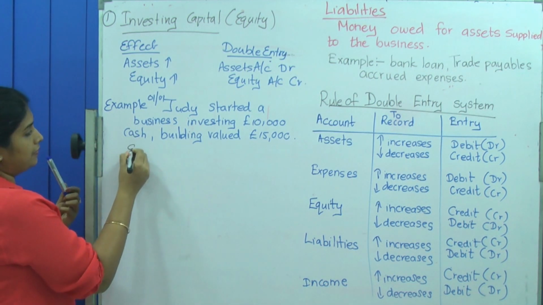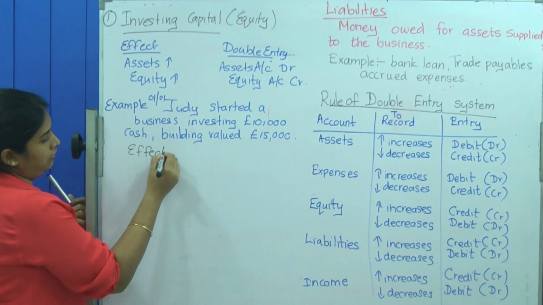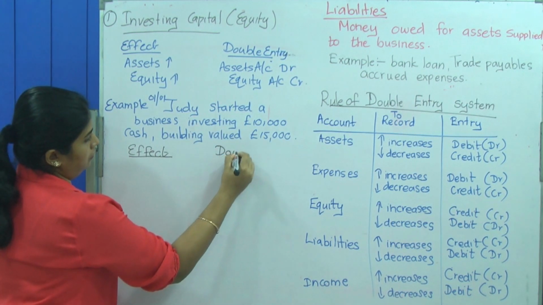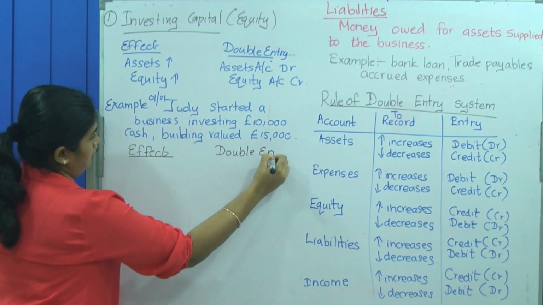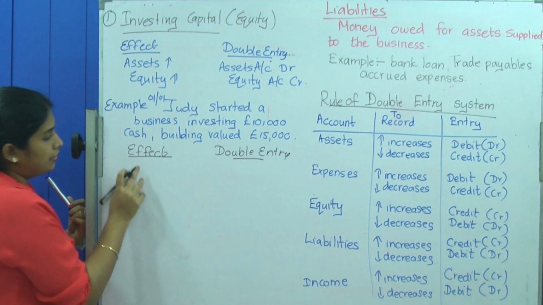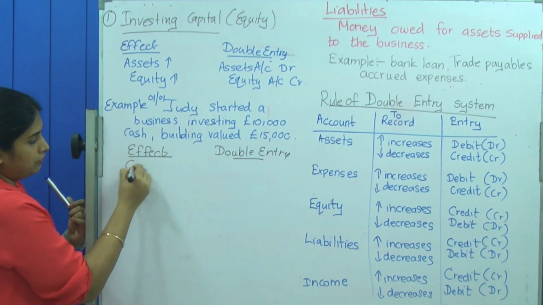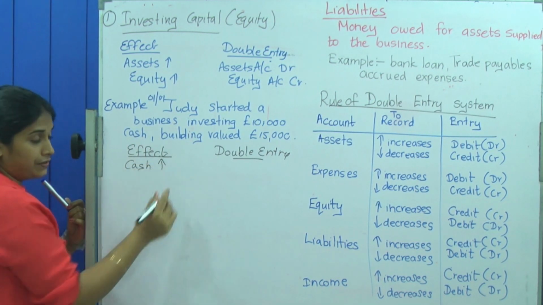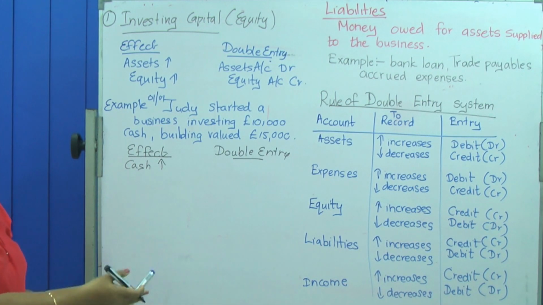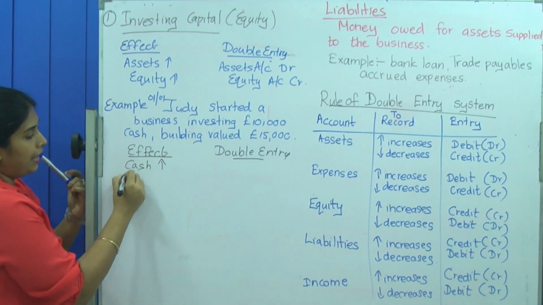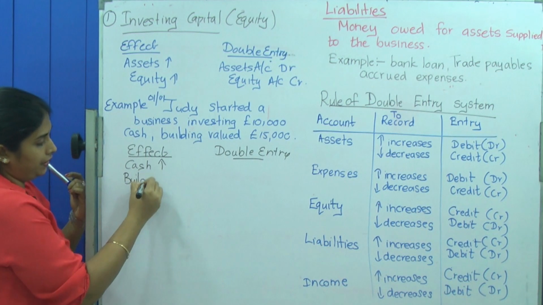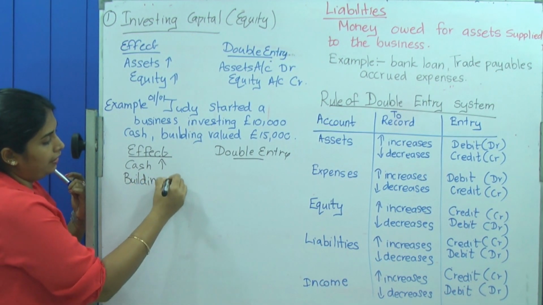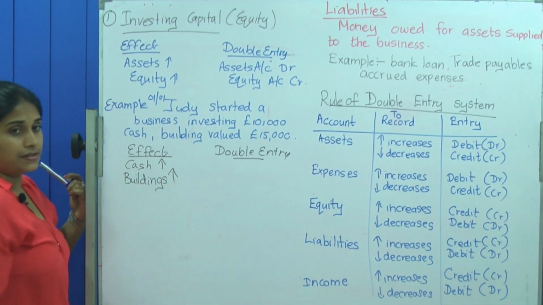So this affects cash, which is an asset. When you invest, the cash in the business increases, and she is investing another building. That means the building increases as well.